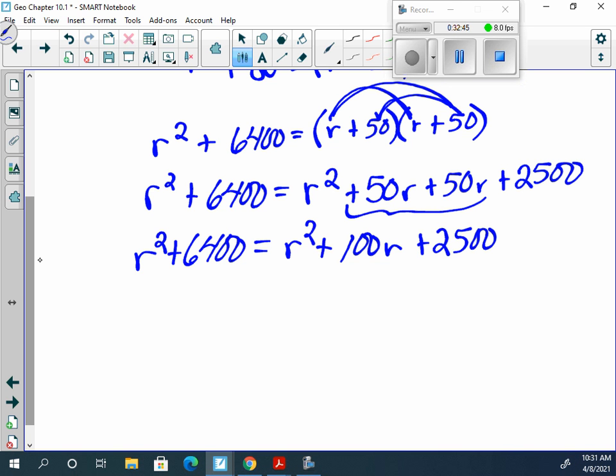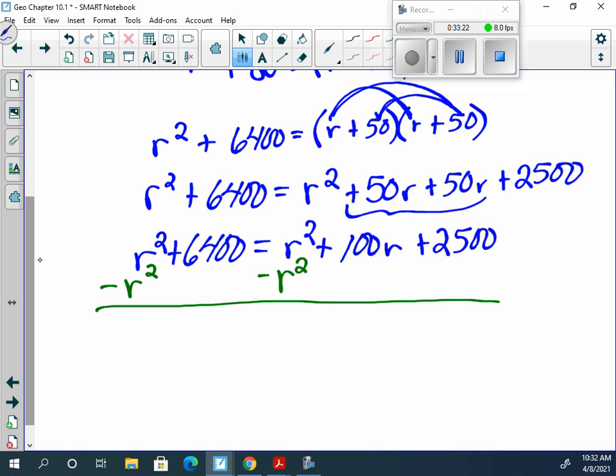Now, whenever we're dealing with this here, we want to try to get the variables on the same side, especially if we have a second degree. So we have r squared on both sides, yes? And when we deal with higher degree polynomial functions, or exponents 2 or greater, we want to try to get them all on the same side. So what I can do is subtract r squared from both sides as I'm moving it over.